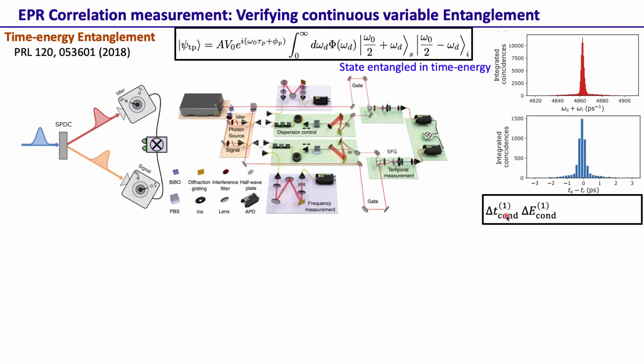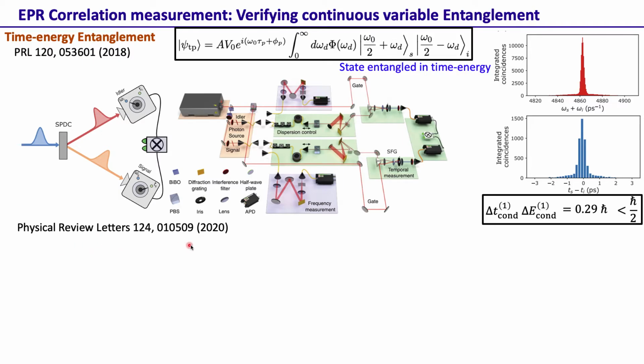And when we multiply these two, that means the conditional uncertainty in the arrival time and the conditional uncertainty in the energy, so this frequency we just multiply by h bar, that becomes the energy, and this is 0.29 h bar. Again, this is less than h bar by 2, so this proves the entanglement in time and energy. Again, it doesn't quantify, but it does prove the entanglement in time and energy.